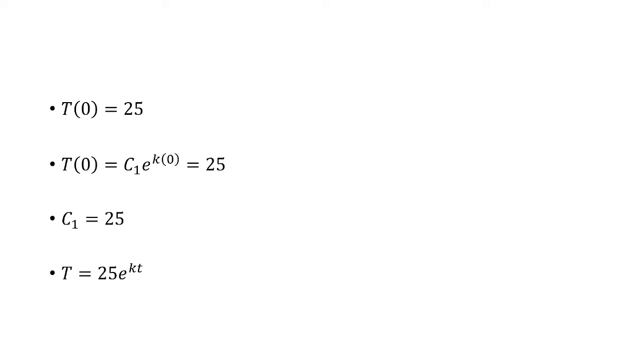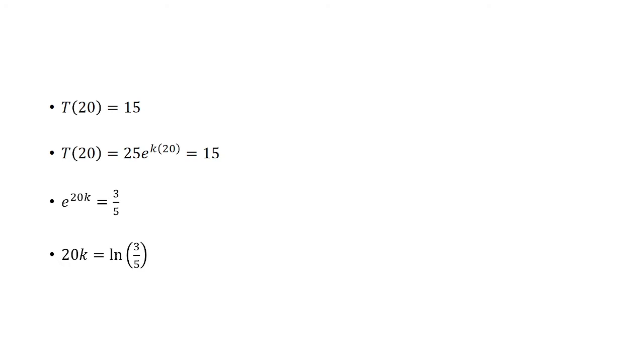What's left for me to find is lowercase k here. And so I'm going to have to use another fact. Suppose that the temperature of the buttermilk has dropped to 15 degrees Celsius after 20 minutes. So when t is 20, the temperature is 15 degrees. Plug in 20 for lowercase t and then 15 for capital T. Divide both sides by 25.